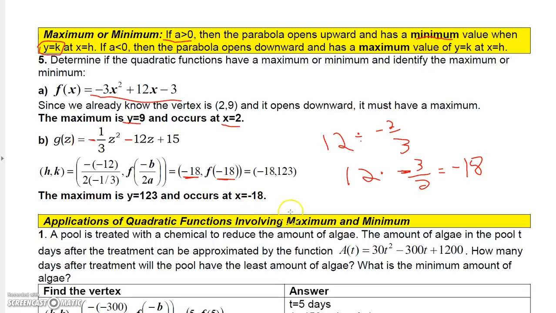And I got 123. So basically, this is a parabola that opens down. This is the vertex. In other words, this is the very top of that parabola, and the y value is this number right here, 123. So the maximum is y equals 123, and it occurs at x equals negative 18.